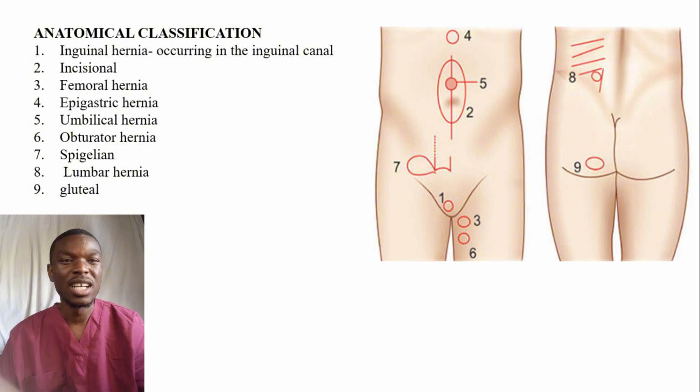Then I've got a femoral hernia, epigastric hernia, umbilical hernia. So umbilical hernia, I'm sure you've seen this one in kids. I'll show you some pictures. Obturator, lumbar, gluteal hernia. So this is just a list of where they are found.